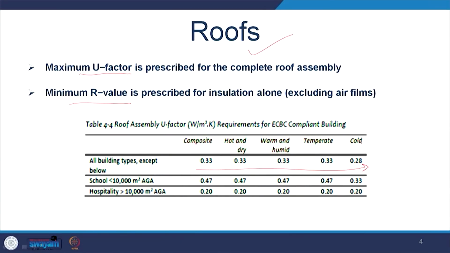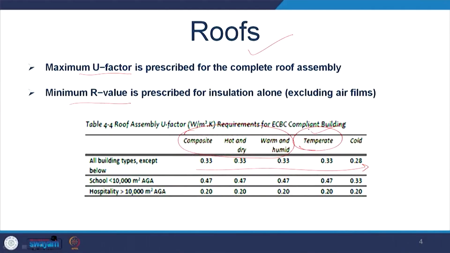Here we see that there is no difference between these three and temperate as well, because the roof receives heat largely because of solar radiation falling onto the surface, and in temperate climates the heat received because of solar radiation is the same as that of these three climates, and hence no variation in U value for these four climates, while in cold climates again the temperature differential is quite high.